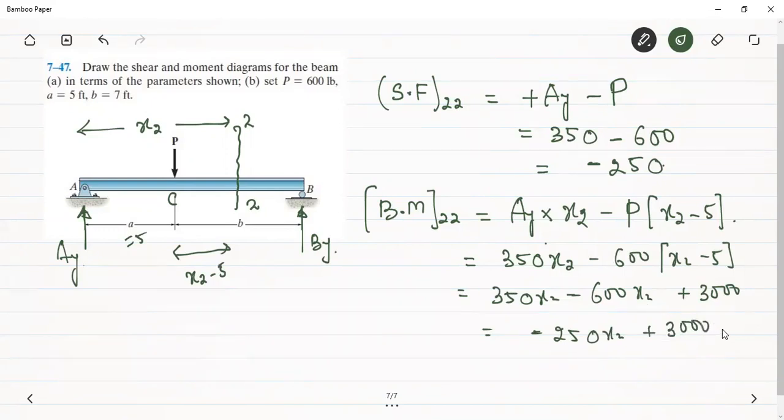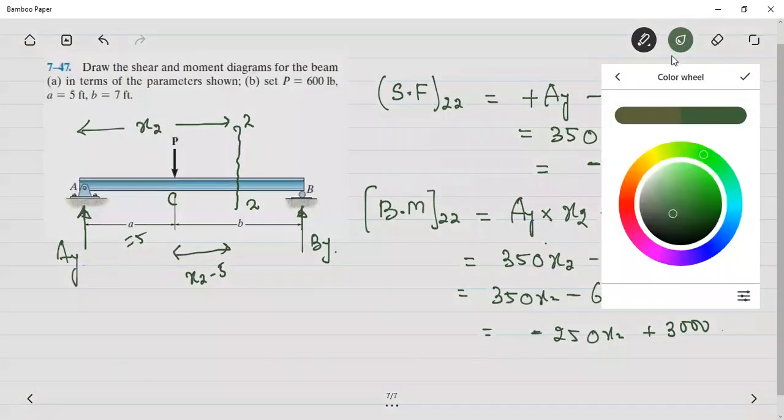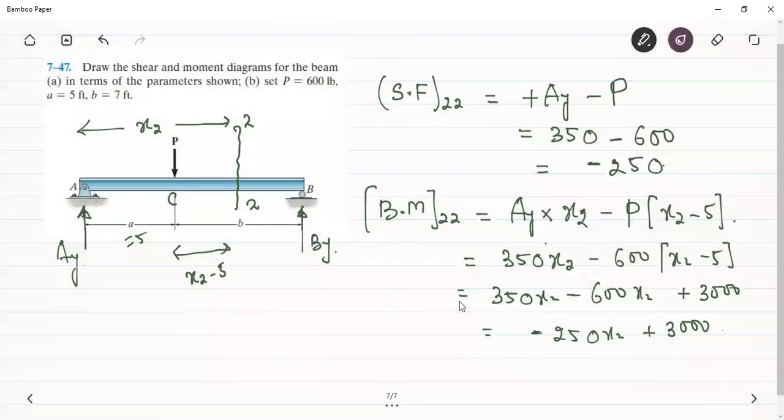This section was taken between B and C, therefore it will give us the bending moment at any section between B and C. So we will be able to find the magnitude of the bending moment at C and B. Now the bending moment at C, which means X2 is how much?